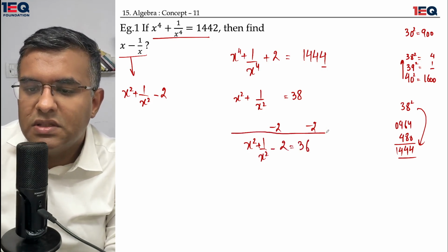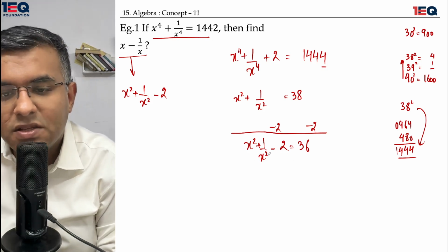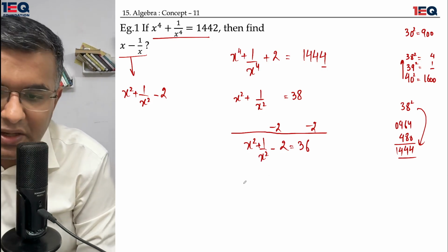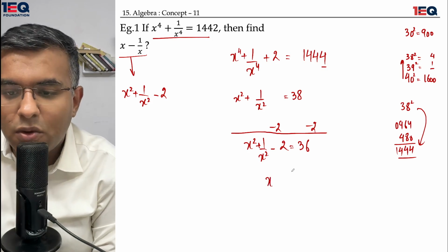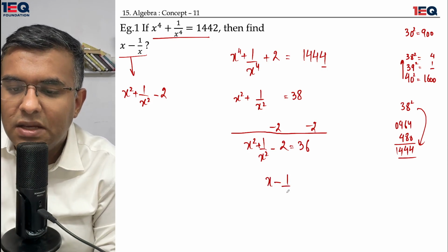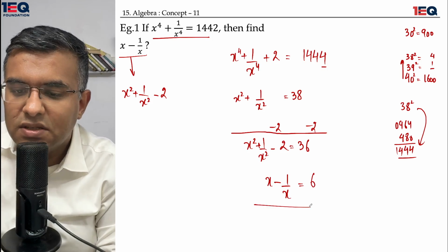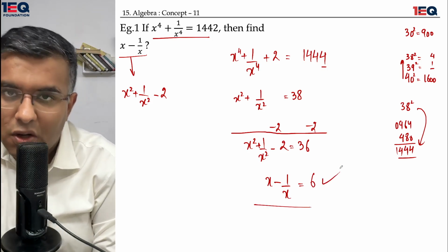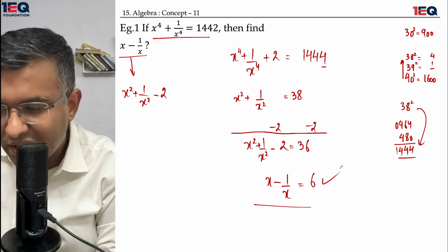When I take the root of both sides, I can say x minus 1 by x is equal to 6, which is my final answer. Okay, good enough.